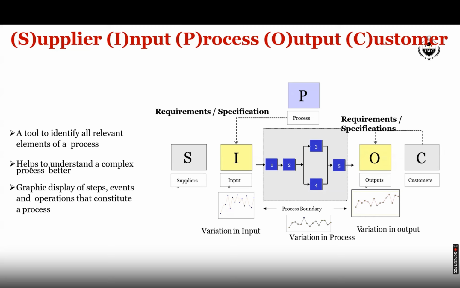So there is another quality analysis which is called SIPOC analysis: supplier, input, process, output, customer. SIPOC analysis basically, on a high level, maps the current process so that people can understand this is on a high level my process. And based on this, we have to eventually improve our process.